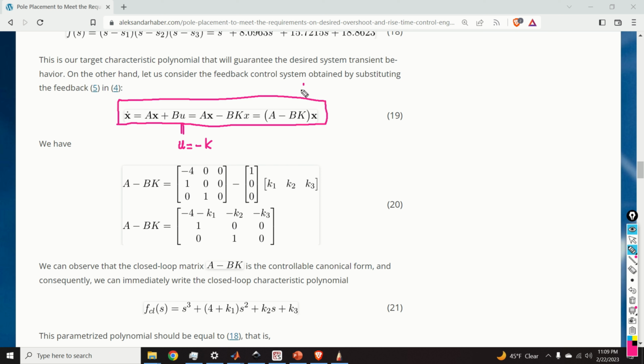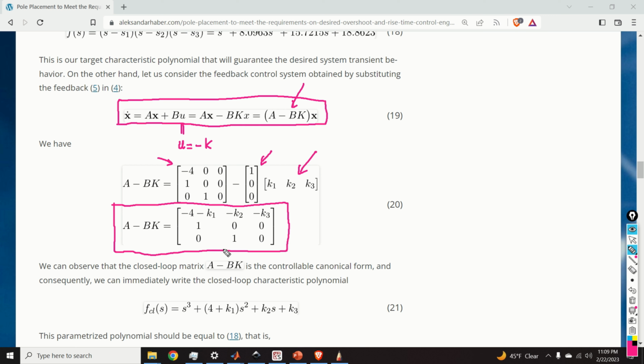So let us analyze this matrix. Let us perform basic matrix multiplication. This is my original matrix A, this is the B vector, this is the parameterized version of the matrix K, and as the result I obtained the closed-loop matrix A minus BK that looks like this.